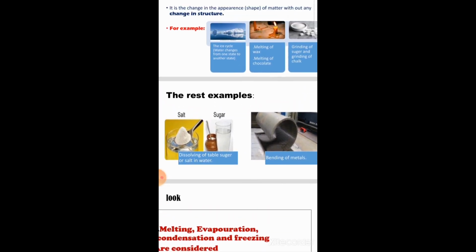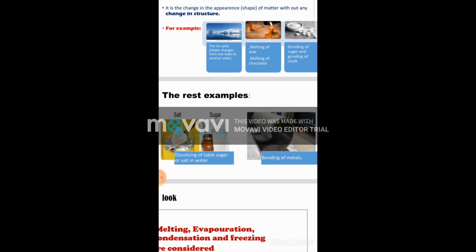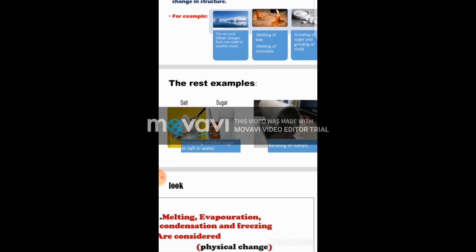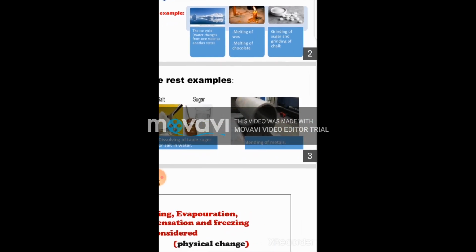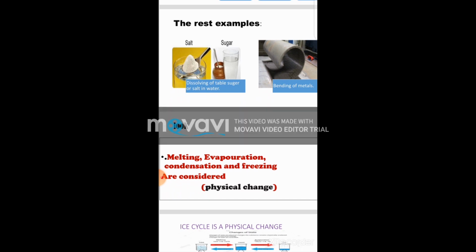And we took examples for physical change like ice cycle, melting of wax, grinding of sugar, dissolving of table salt in water, bending of metals. And we know the reason because there is a change in the shape without any change in structure.